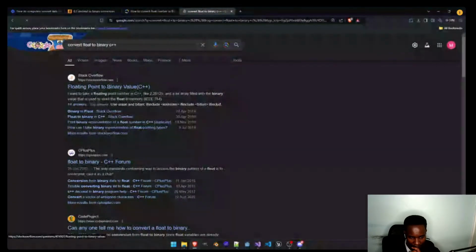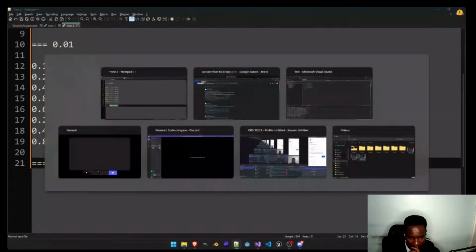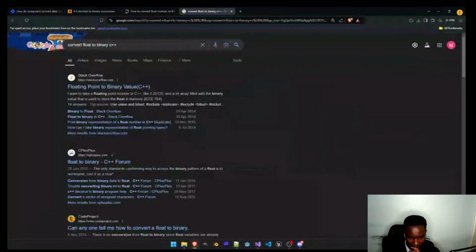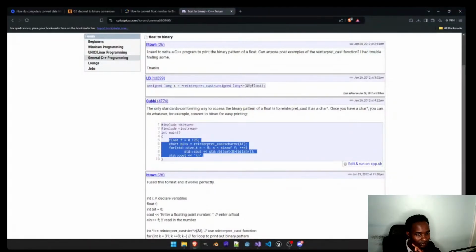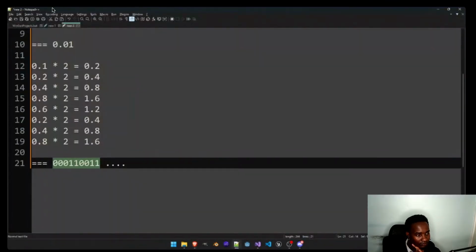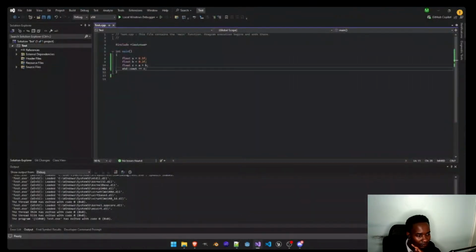Let me see. I'm just curious to see whether whatever we've calculated here is what the machine gives us if we put it in code. So just going here, how to convert. Just copy this as is. Let me just replace that.